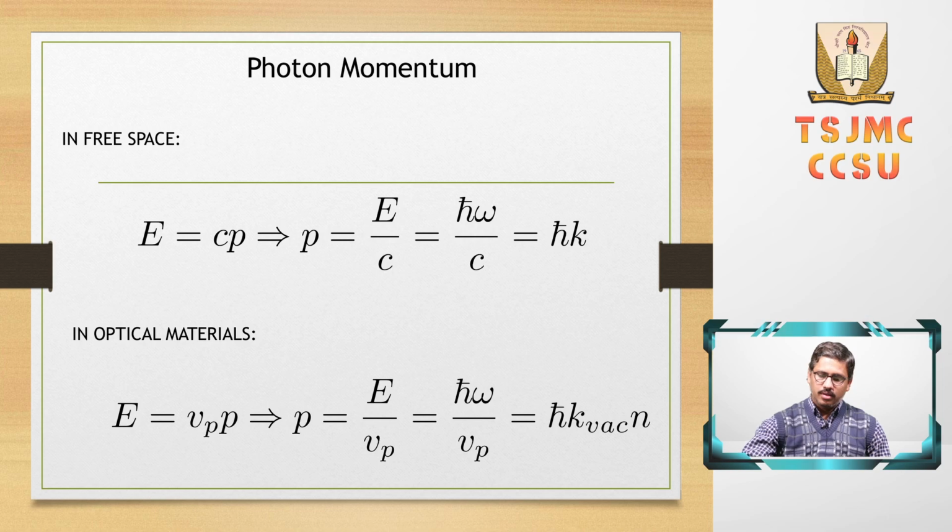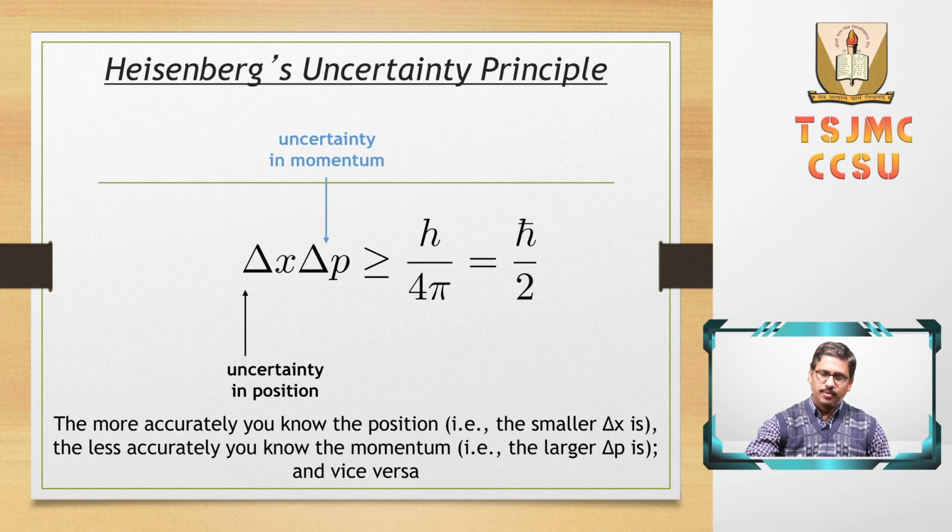Before going to the next section on how we get the Schrodinger equation, first we have to understand a very basic phenomenon, the Heisenberg uncertainty principle. Heisenberg realized that for a subatomic particle, we can't measure the position and the momentum of that microscopic particle simultaneously.